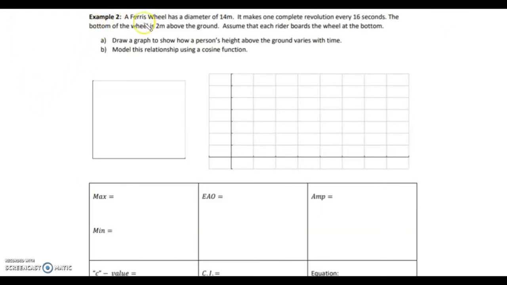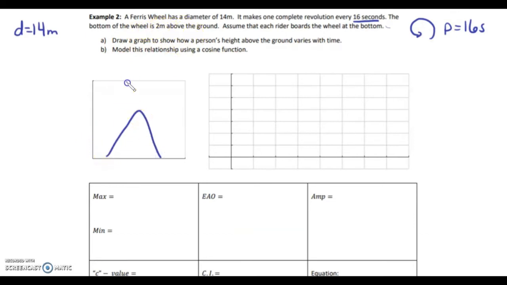Okay, example 2. A Ferris wheel has a diameter of 14 meters. It makes 1 complete revolution every 16 seconds. So that's telling me the period, 1 revolution every 16 seconds. The bottom of the wheel is 2 meters above the ground. So that's convenient.